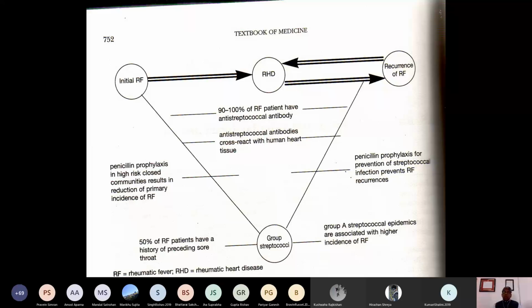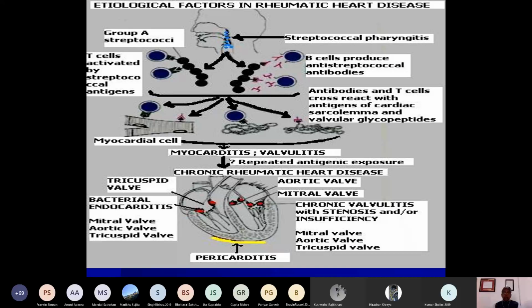If you treat the patients properly, the transmission of the bacteria also reduces. So fewer children will be involved. So each properly treated case actually prevents 4 or 5 more patients from getting this disease. So penicillin treatment for streptococcal infection is very, very important and it is affordable.